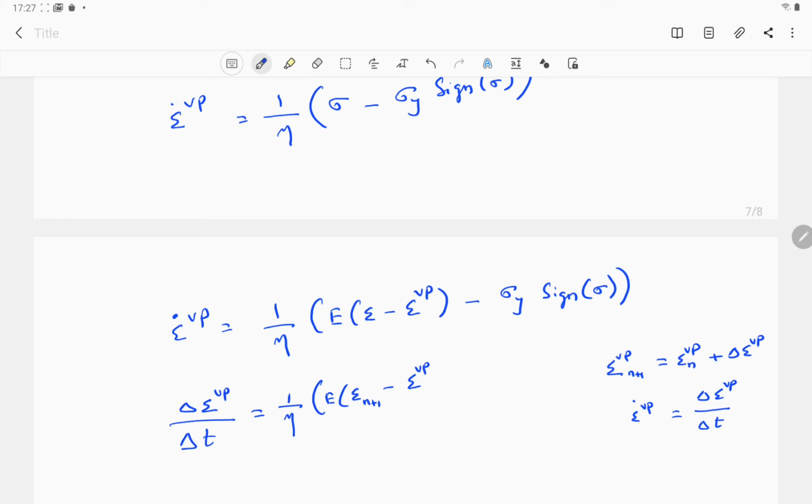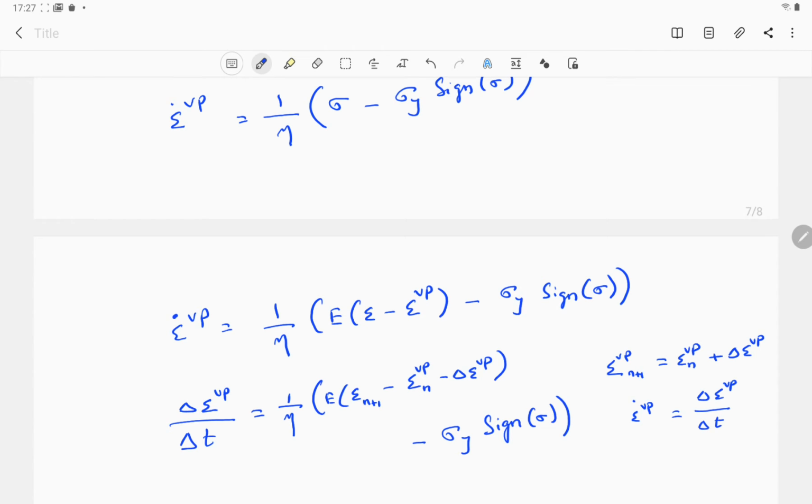Okay, it should be n plus 1, but in the place of n plus 1 I am going to put this one. Okay, so n minus delta epsilon Vp, minus sigma y into sine of sigma.